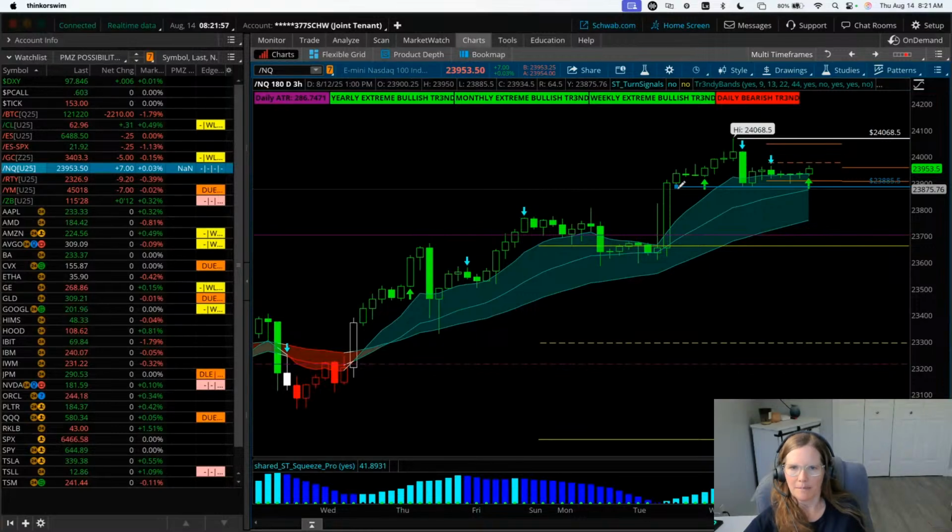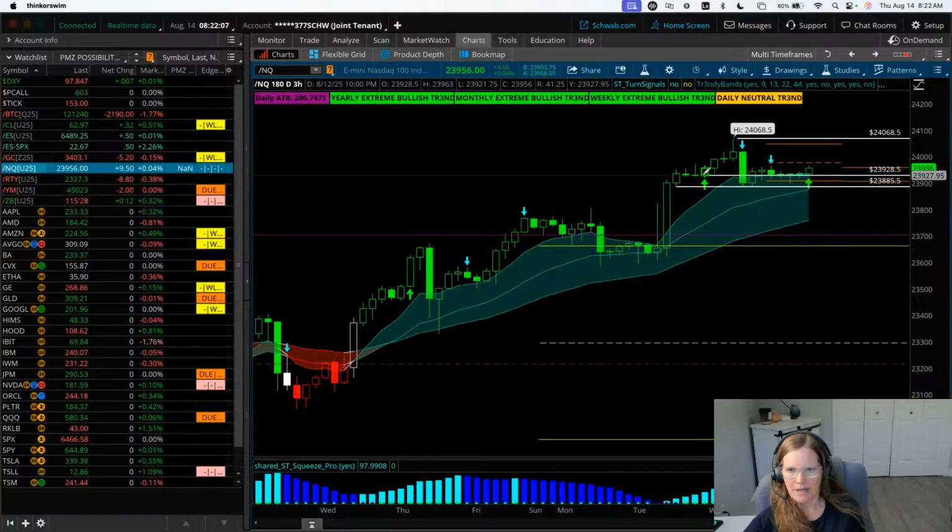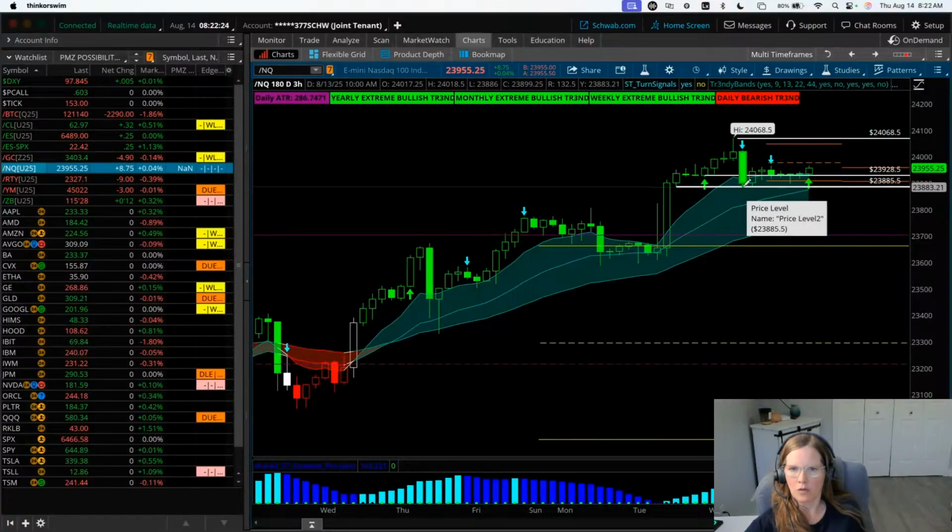So the bottom of that zone on a 3-hour, this is that formation, is right here at 23,928 by 23,885. That is your inside and up candle formation. Again, it was tested on the NASDAQ yesterday. The NASDAQ was weaker than the ES, and we actually came all the way down and tested the bottom of that zone.